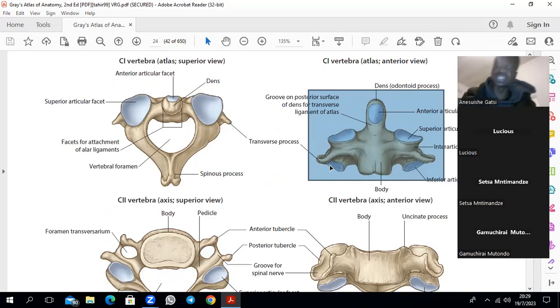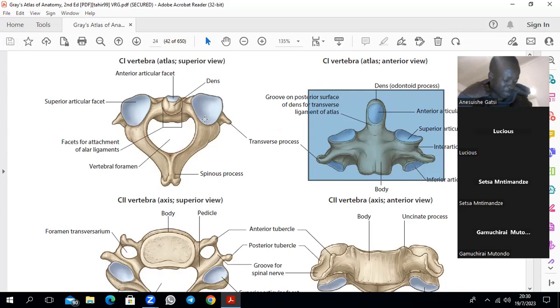Then, of course, the articular facets for C2 and C1 are different from the ones that I described, where we said each vertebra articulates with the vertebra above and the vertebra below. But for C2 and C1, they're different.